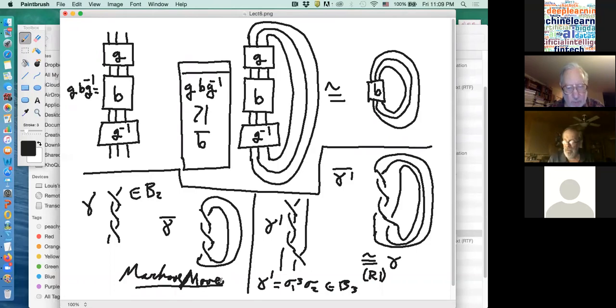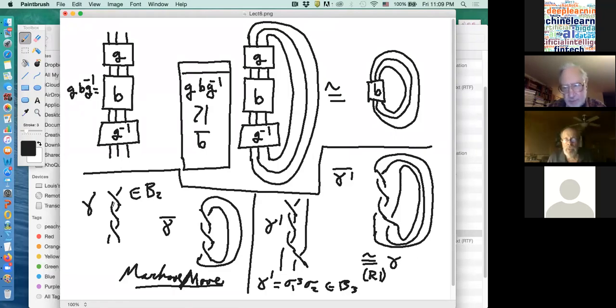The Markov move, I'll draw it in general in a moment, is this: you have a braid, you embed it in the next braid group up by adding one strand on the right, and then put in a crossing, over or under. Then the closure of that will be the same as the closure of the original.